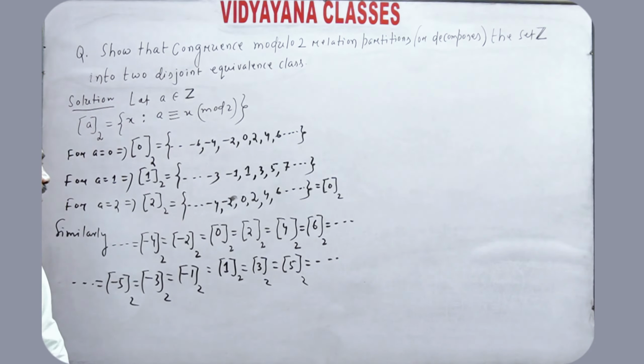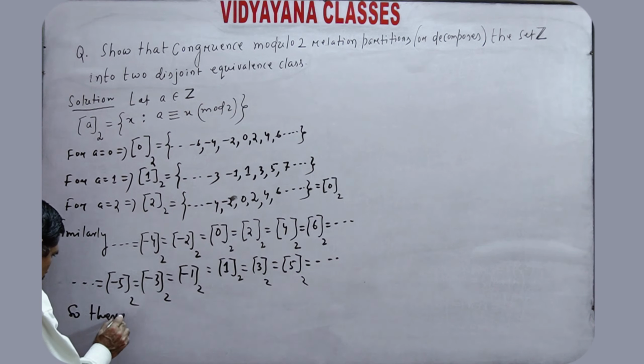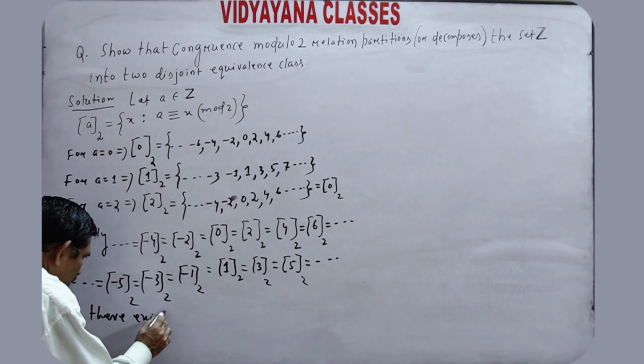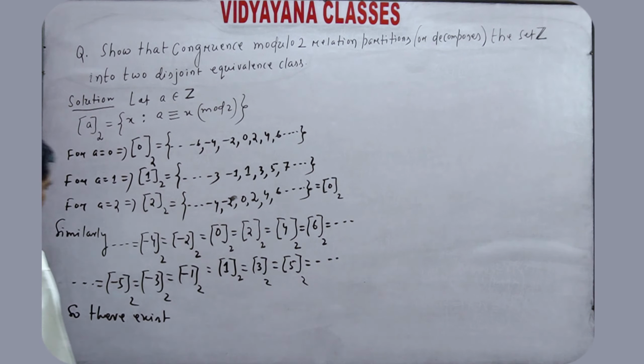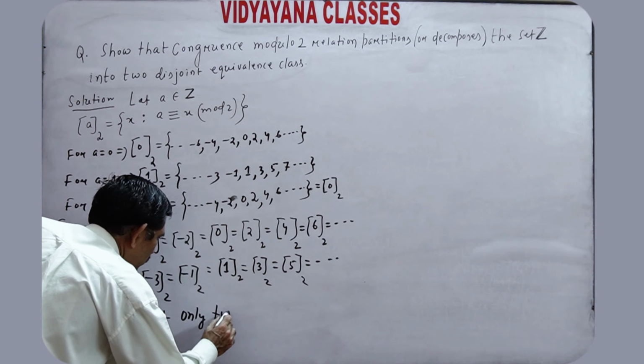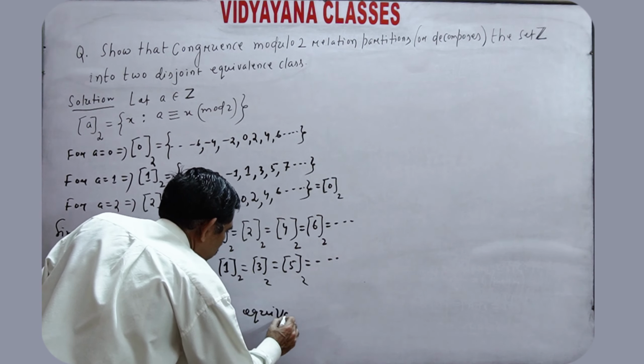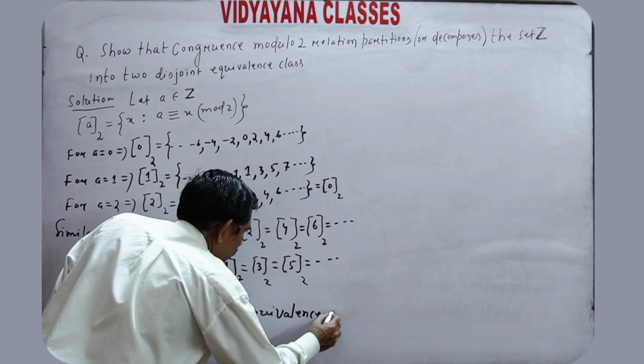These two equivalence classes are disjoint to each other. So there exist only two equivalence classes.